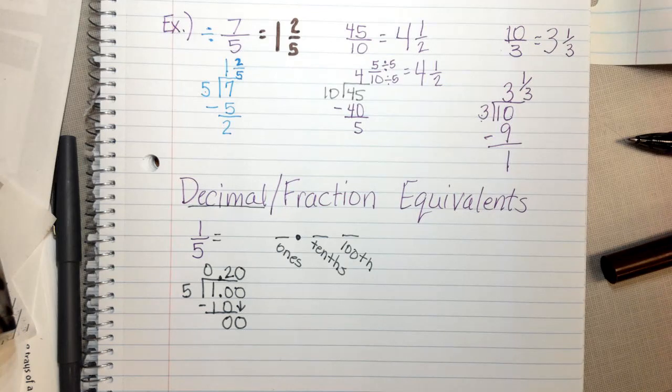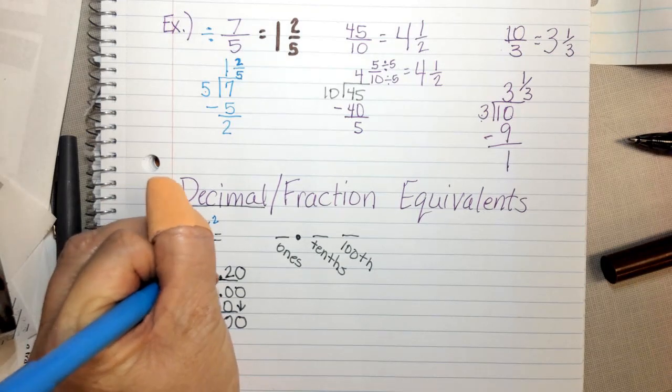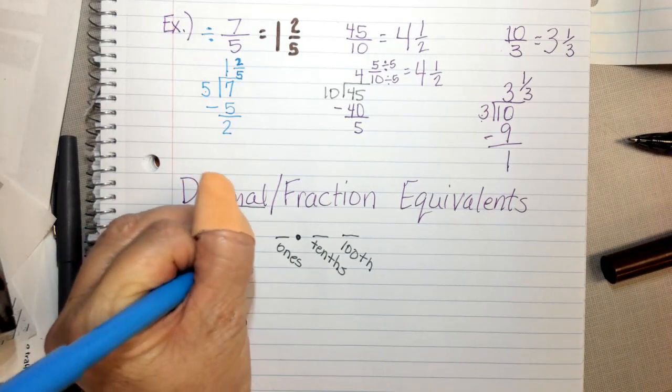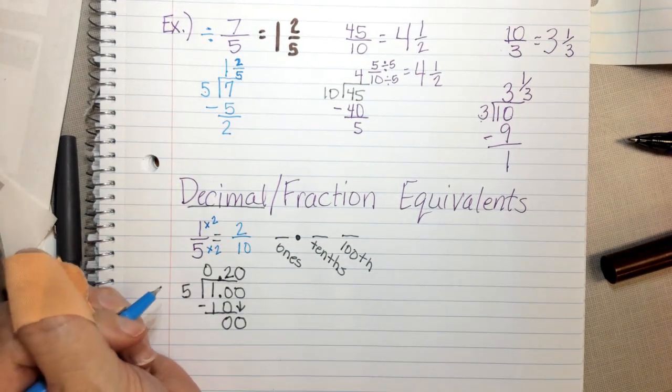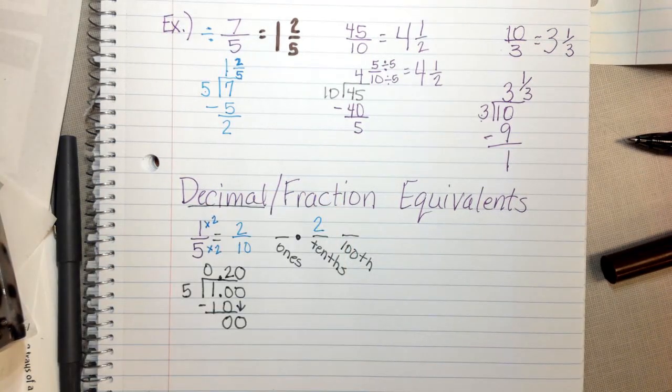Okay, so you're thinking about like $1, right? That's a way that you could do it. Here's a faster way. What if I said, hey, if I multiply this by 2 and I multiply this by 2, what will I end up getting? Isn't that the same answer?